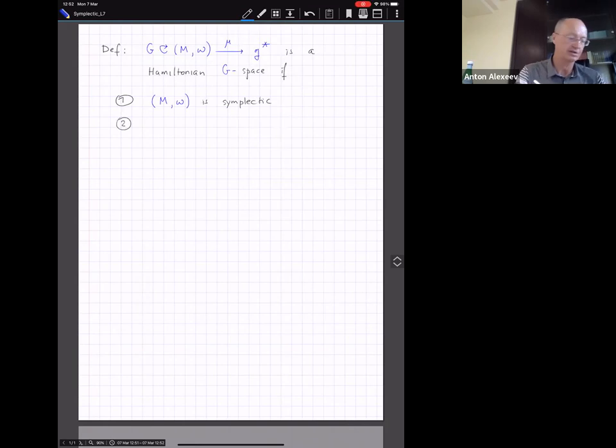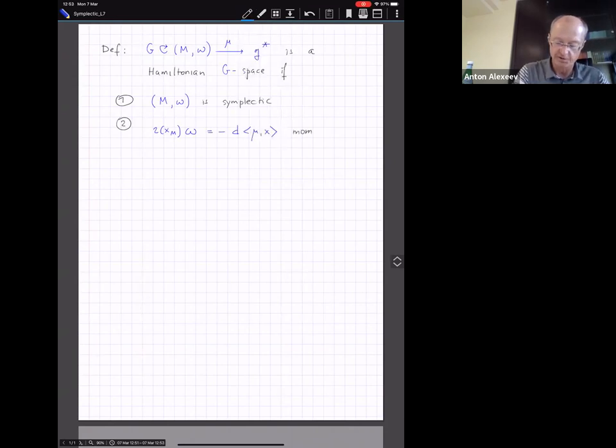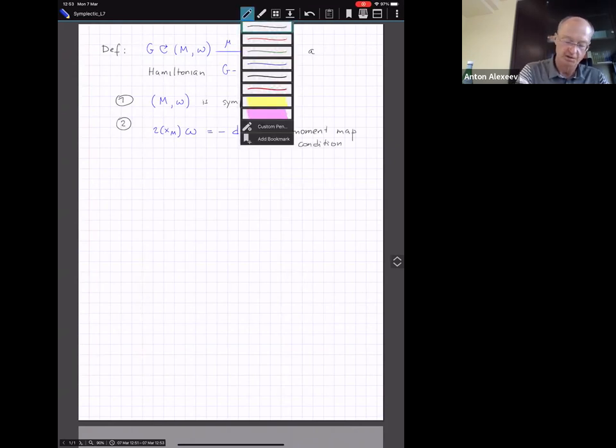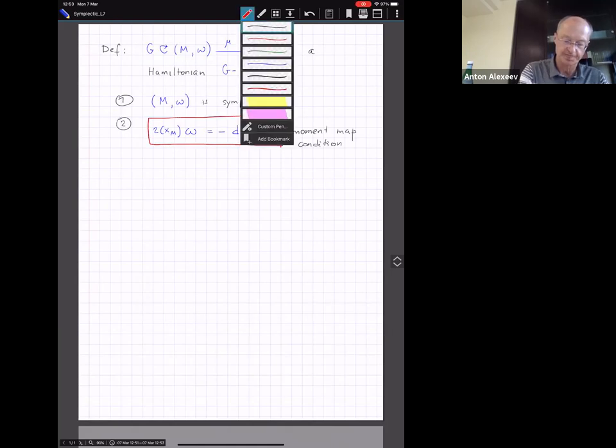The second condition is the moment map condition. The contraction of omega with fundamental vector fields is minus d mu x. So this is the moment map condition, and that's probably one of the important equations for us.